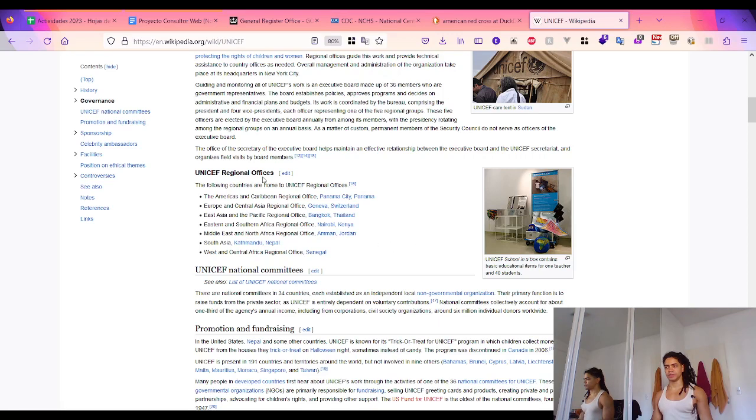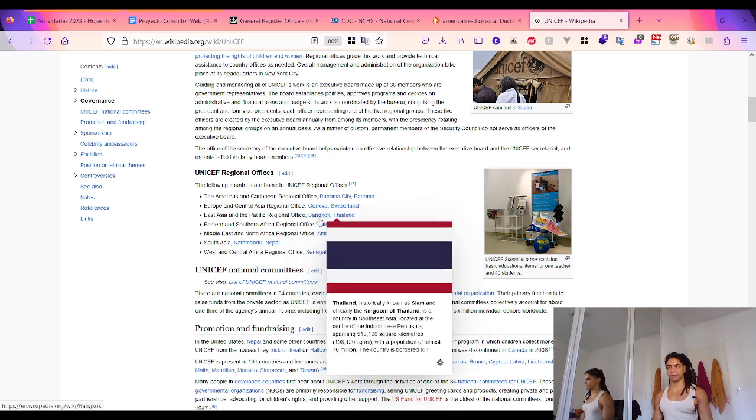UNICEF Regional Offices. The following countries are home to UNICEF regional offices. The Americas and Caribbean Regional Office, Panama City, Panama. Of course it would be in Panama, because this is practically an extension of the US. Europe and Central Asia Regional Office, Geneva, Switzerland. East Asia and the Pacific Regional Office, Bangkok, Thailand.